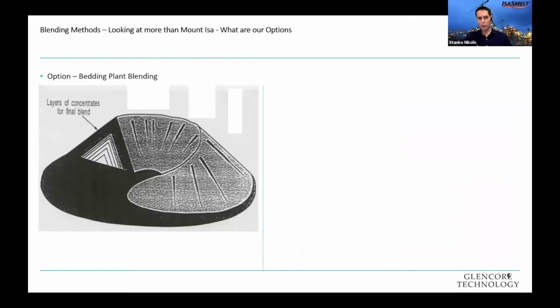So when we look at one of the options that's available to a smelter, it would be what's called the bedding plant, or the bedding technique. So this is what is done at our Mount Isa operation. It is also done in a number of different ISASMELT plants, where you're looking at stacking the concentrate with the stacking arm and then creating these beds or layers of concentrate that can then be reclaimed.